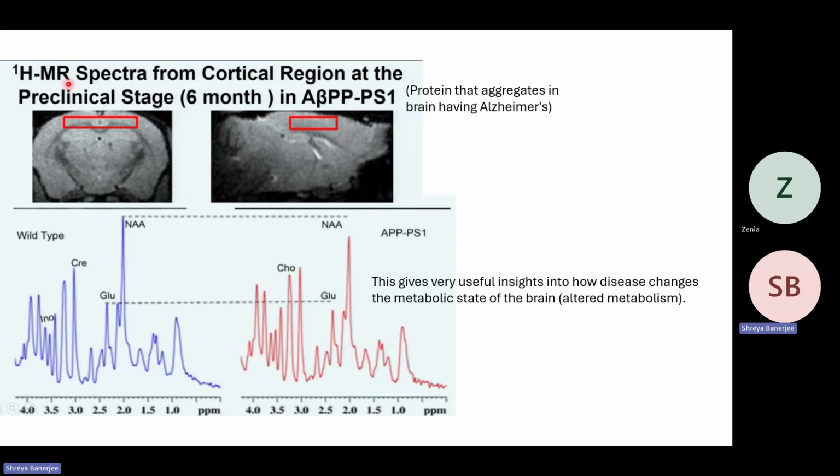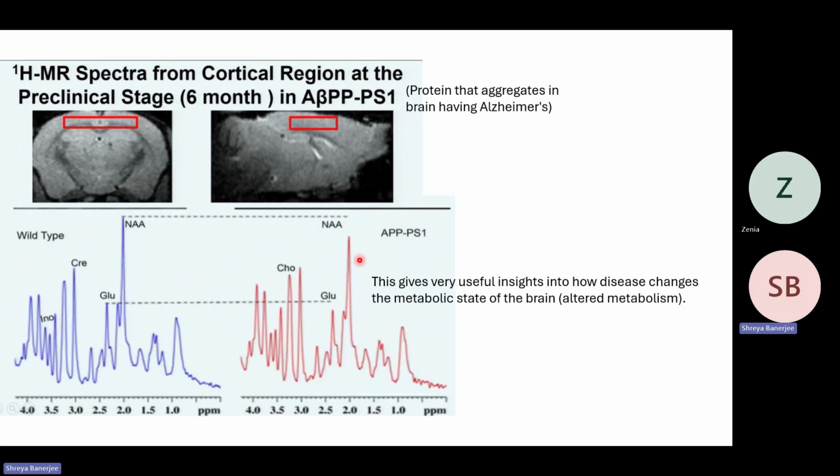This is MRS from the cortical region of a patient who has a brain with Alzheimer's. So in the wild type, there are certain peaks whose intensities are changing in this Alzheimer's patient.